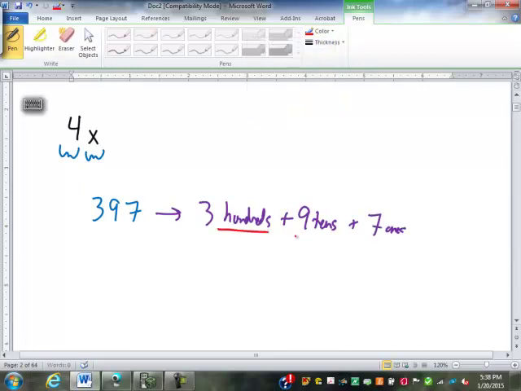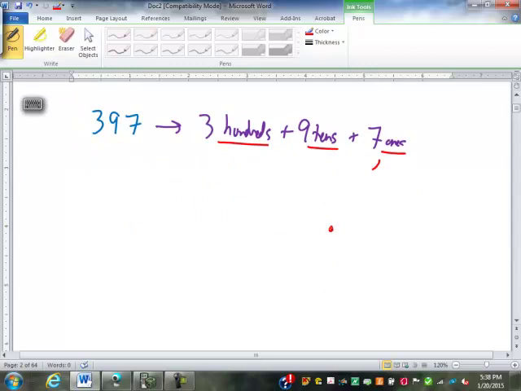Well, where did these hundreds, tens, and ones come from? I mean, we talked about those are the names of our place value, but our number system is what we call a base 10 number system. What that means is the place values are actually powers or exponents with a base of 10.